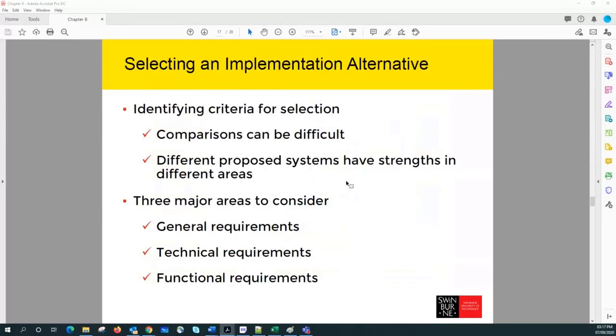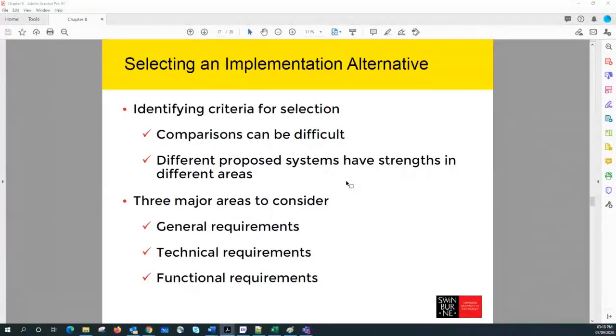Now the thing is this: even if you have these implementation alternatives, it's very difficult to compare apples with apples, because each of these implementation alternatives has different advantages and disadvantages, different strengths, and different weaknesses, right?